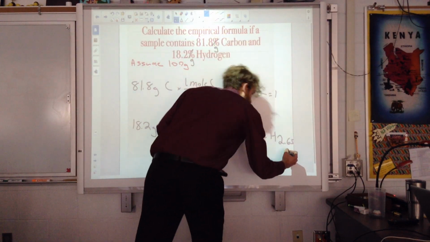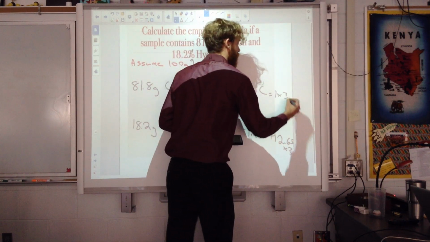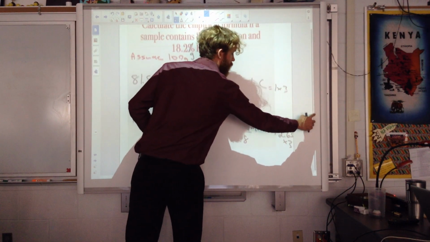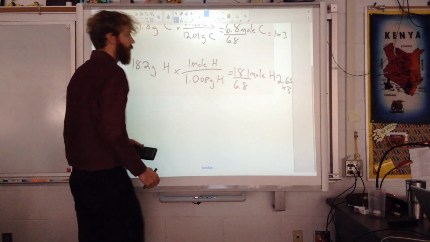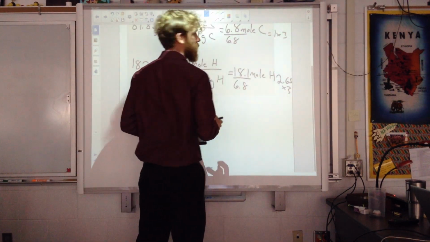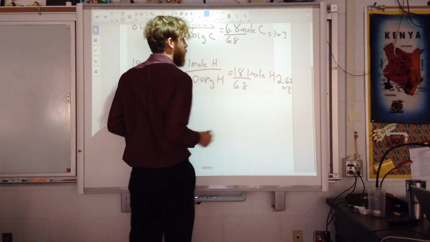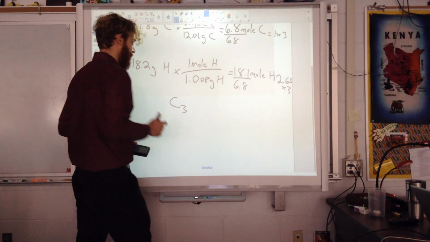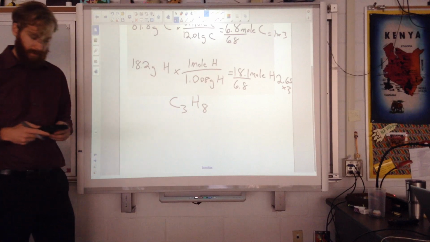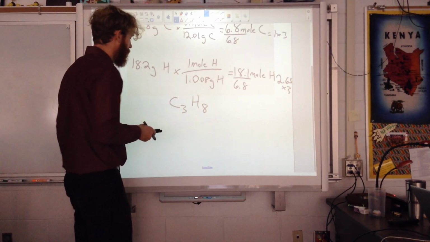So now when we multiply this by 3, we have to multiply the other by 3 as well. So 1 times 3 is 3, so that means we have 3 carbons, and 2.65 times 3 is 8, so that means we have 8 hydrogens.